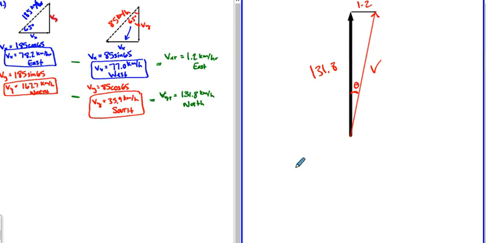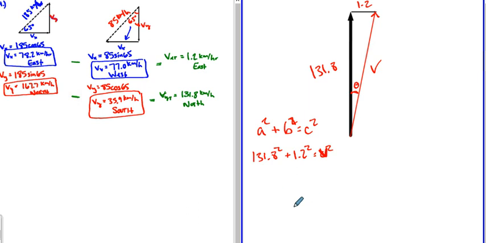All right, for the how fast portion, you're going to use the Pythagorean theorem. A squared plus b squared equals c squared. 131.8 squared plus 1.2 squared equals c squared. Well, this is actually the velocity.